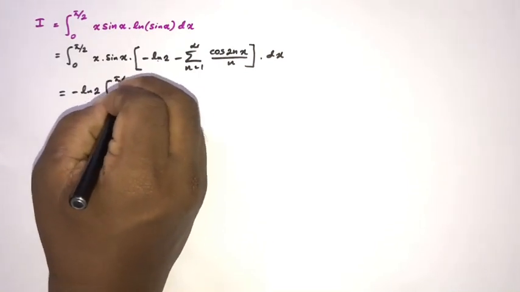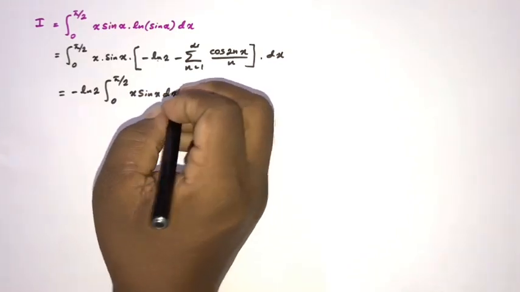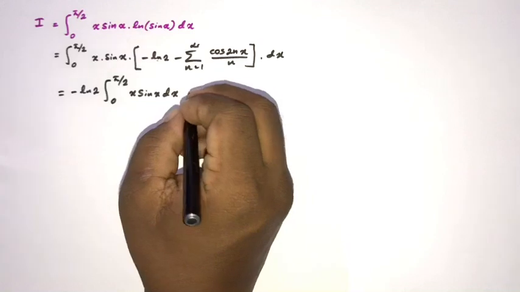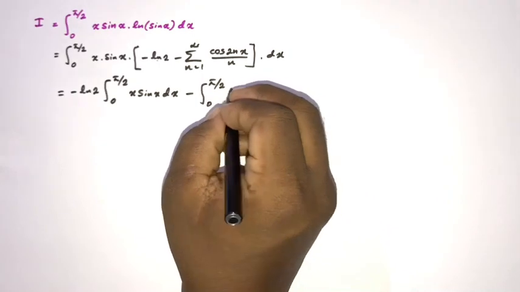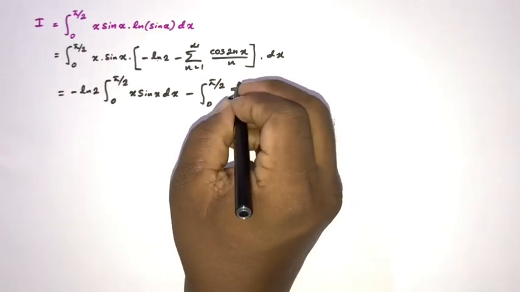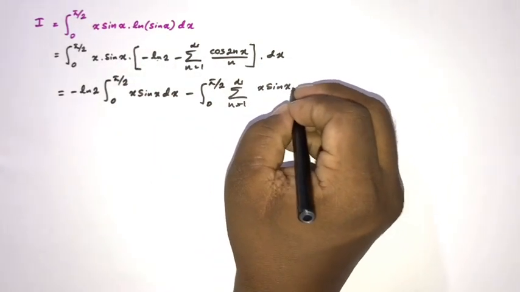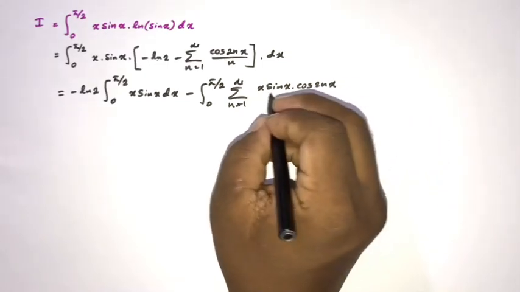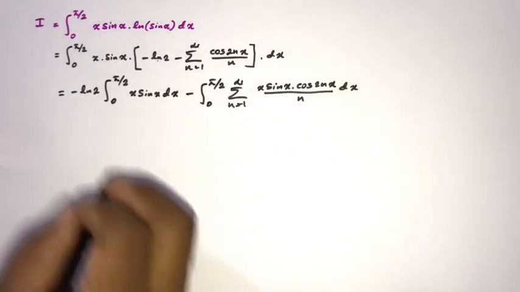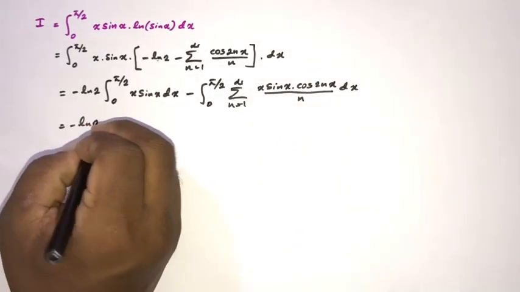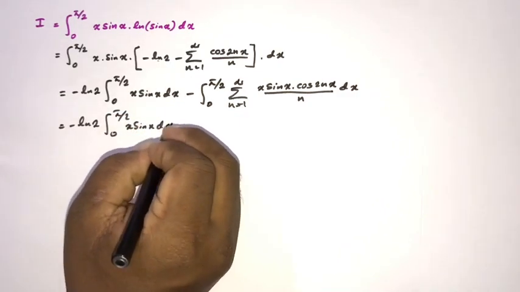Then the integral from 0 to pi over 2 of x times sine of x dx, then minus the integral from 0 to pi over 2 of the infinite sum, n equals 1 to infinity, of x times sine of x cosine of 2nx over n dx.